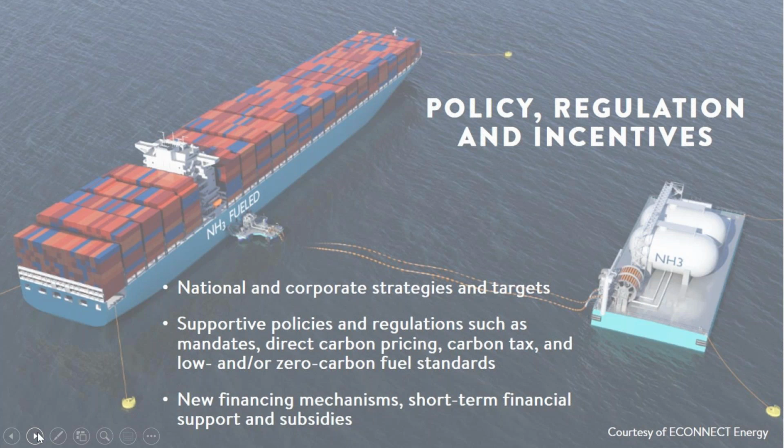The plan sets target to increase energy efficiency of coal power plants and co-firing 20% ammonia with coal by 2030 to achieve decarbonization goals of coal power generation.